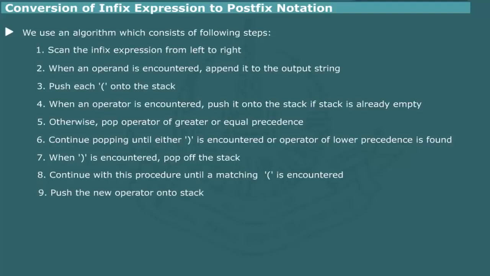Number 6. When the scanning process is complete, pop off all operators from stack and append them to the output string. The algorithm appears to be overwhelming for manual conversions. It is, however, better suited for machine conversion.